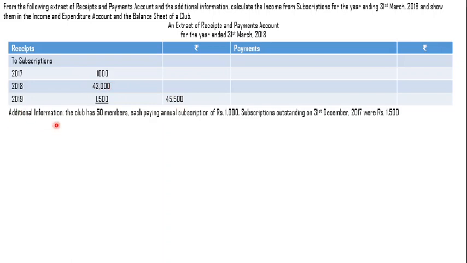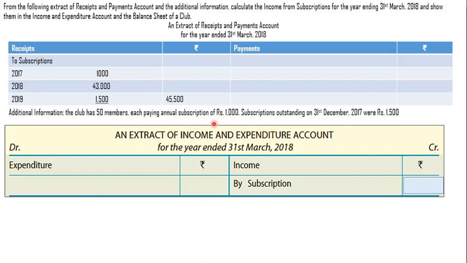Coming to this additional information, it says the club has 50 members, each paying annual subscription of 1000. So let's have a look. This is your income and expenditure account by subscription. So what amount you are supposed to write here? You are going to write the current year amount. For such question, when the members and their annual subscription is directly given, for income and expenditure especially, there is no need to go for a long calculation.